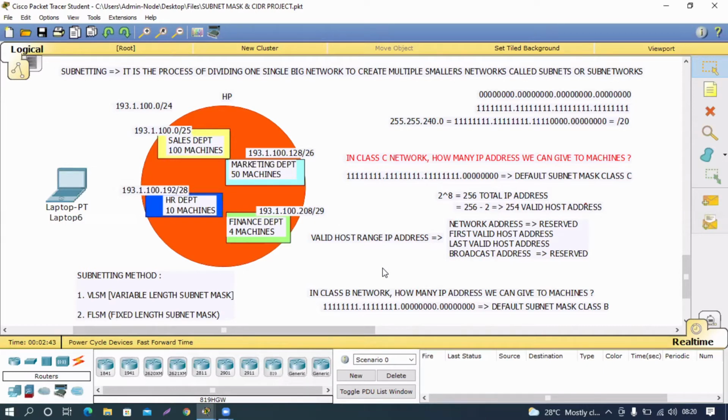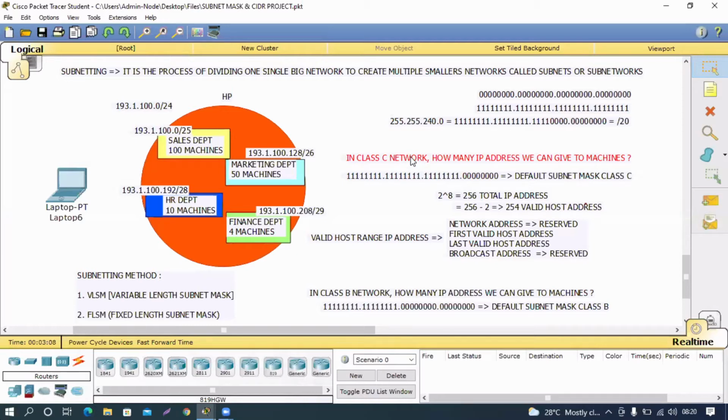But these three classes, class A, B, and C, are basically available in both public as well as in private. So from that context, we have the subnet mask for class A, B, and C only. Since every single IP address contains a network and host part, that is the reason we are using the subnet mask.